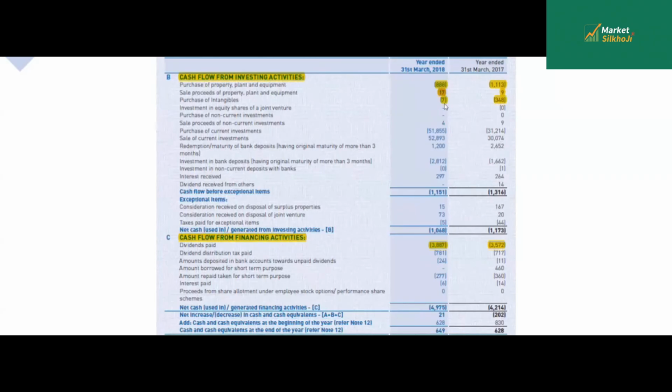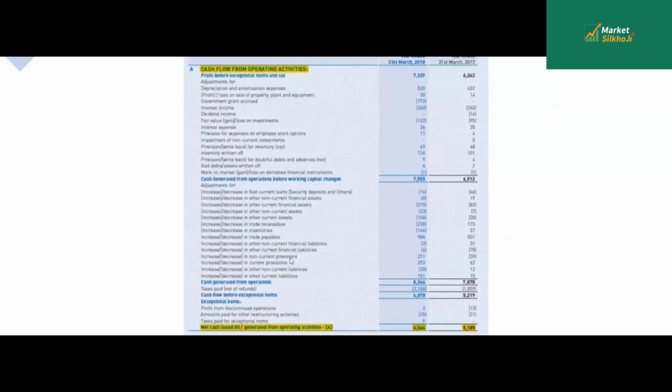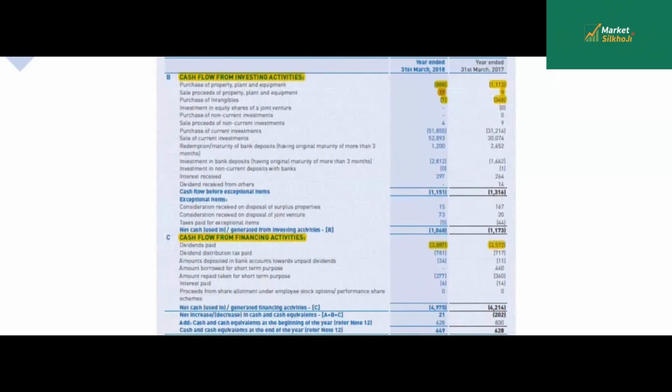Overall, close to 900 or 890 is what they have spent on capex. How much cash have they generated? 6,000 crores. Out of 6,000 crores, some 900 they have utilized for further growth, that is capex.